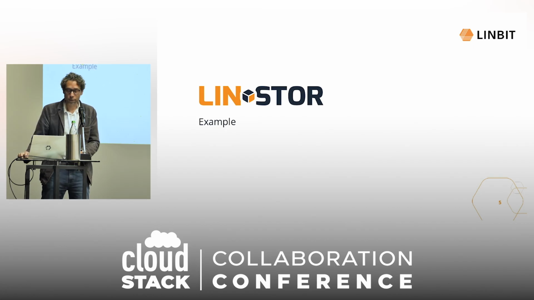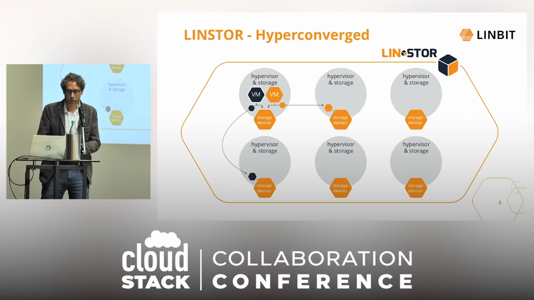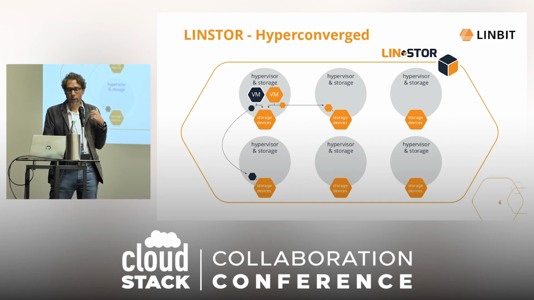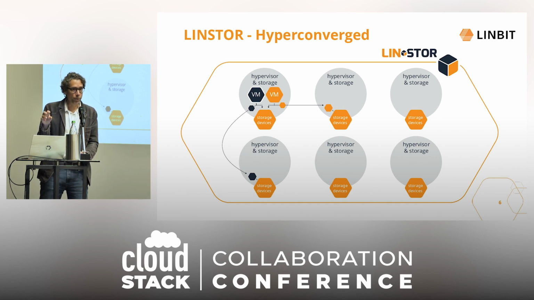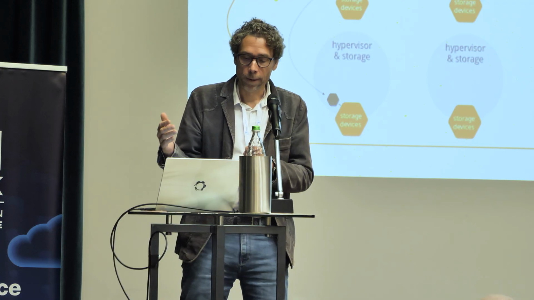And let's look at it with a few examples. Let's say we have a 6-node cluster. Each of those nodes has enough CPU and memory to run the actual workload, and each node has built-in storage devices.